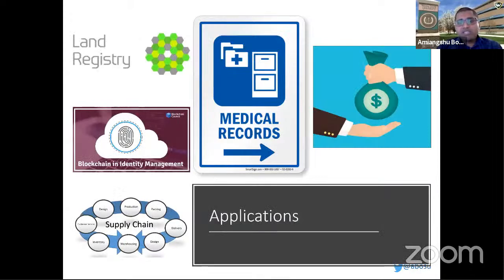Now, due to these characteristics, blockchains have potential applications in several domains. We already saw cryptocurrencies and financial domains, and others include managing supply chain data, identity management, managing medical records, and land registry management.